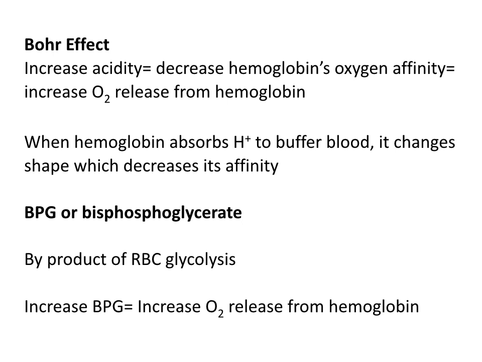As your acidity increases, your affinity for hemoglobin decreases. So that means that as you become more acidic, your hemoglobin loosens its grip on its oxygen and increases oxygen release from the hemoglobin.